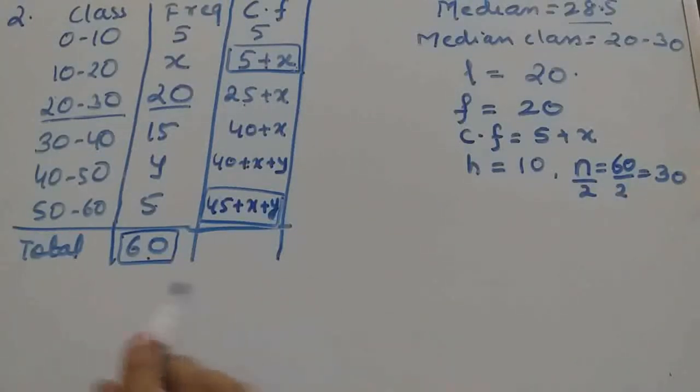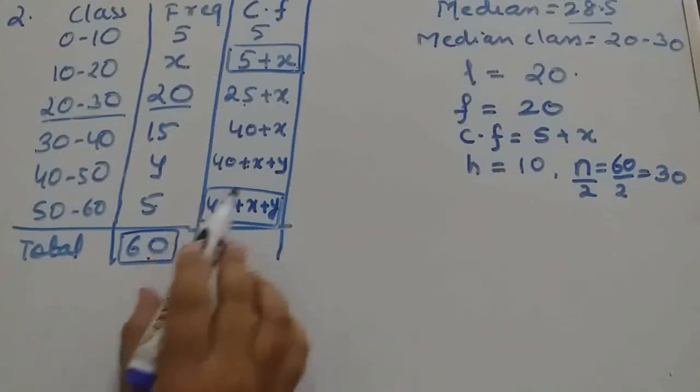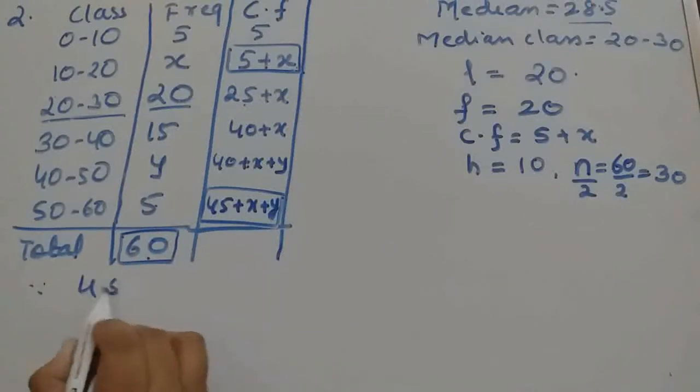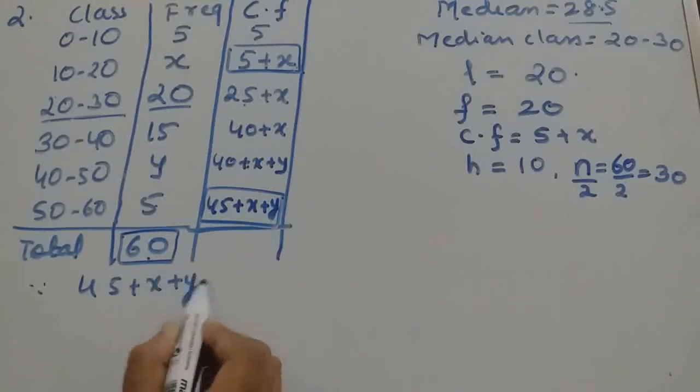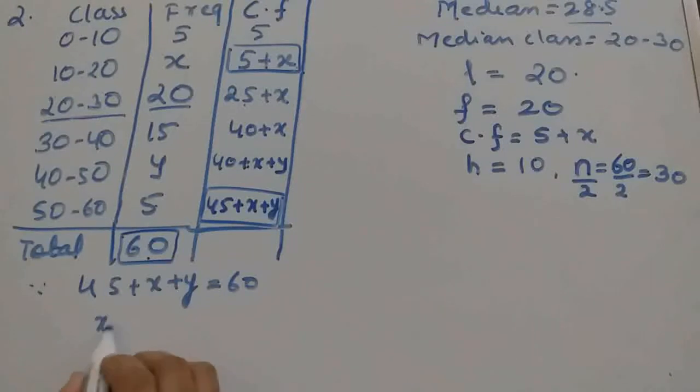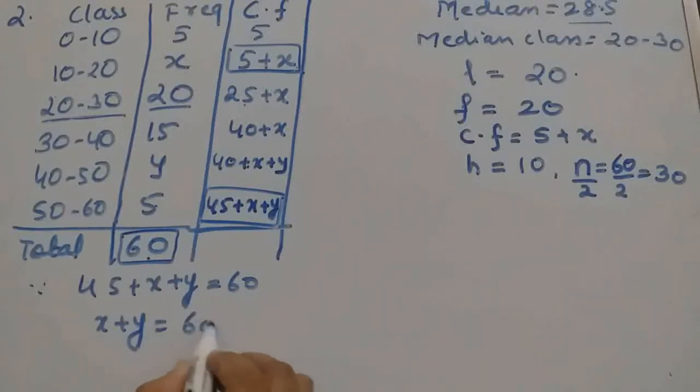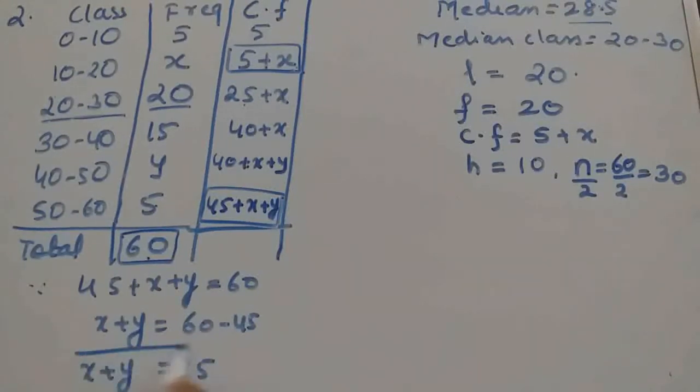Here we got one equation: 45 plus x plus y is equal to 60. So x plus y is equal to 60 minus 45, which gives x plus y is 15. We can write this as equation 1.